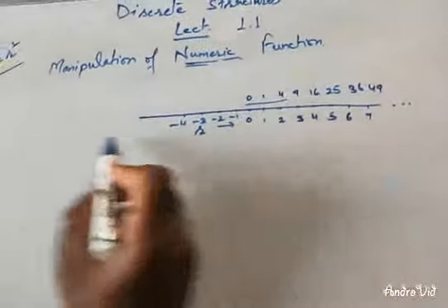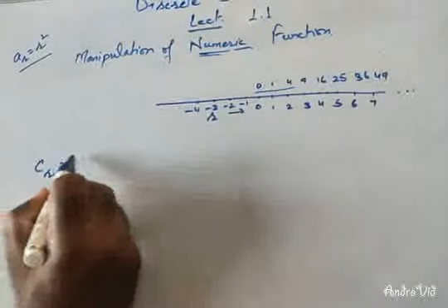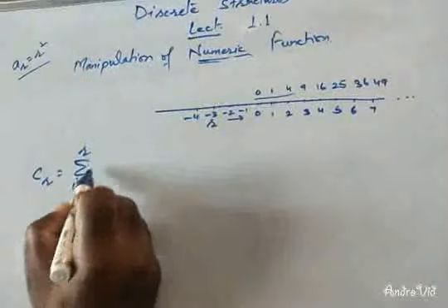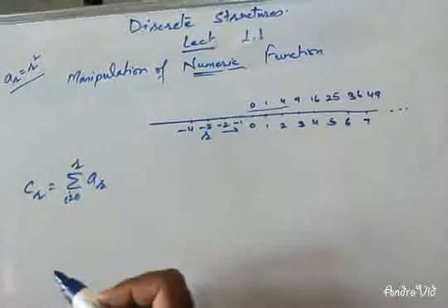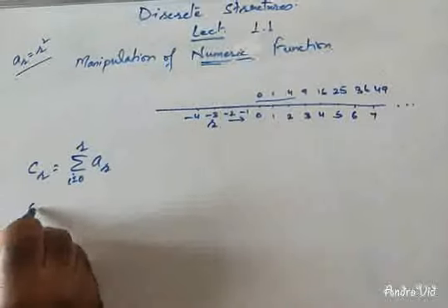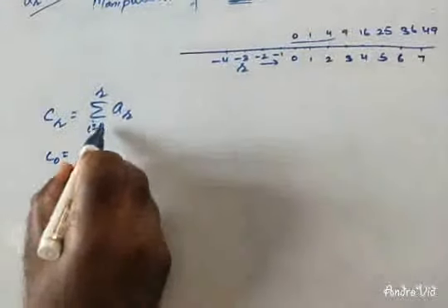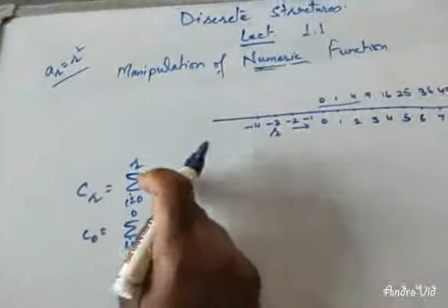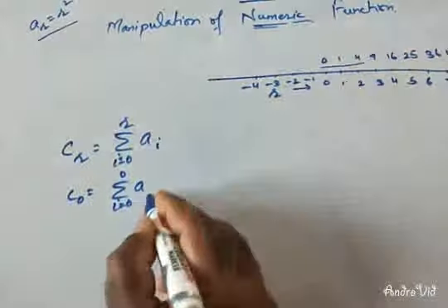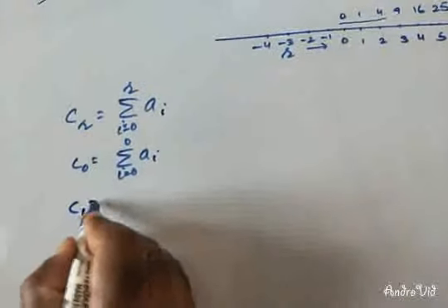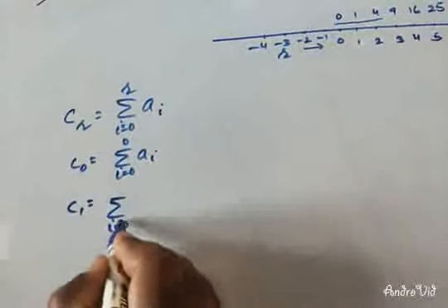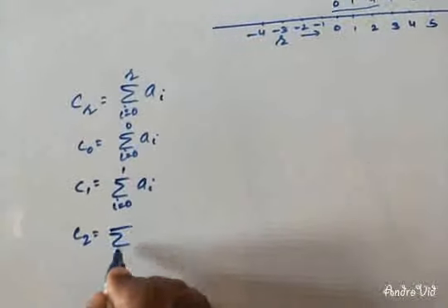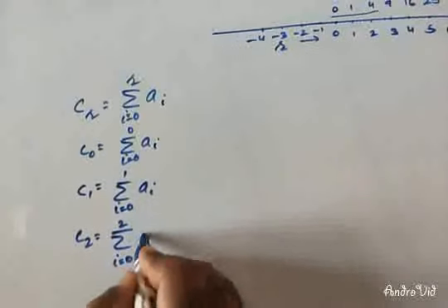Accumulated sum is clear that if CR equals to sigma I equals to 0 to R AI, so C0 will be sum of 0 to 0 AI. C1 will be sum from 0 to 1 AI. C2 will be sum from 0 to 2 AI.